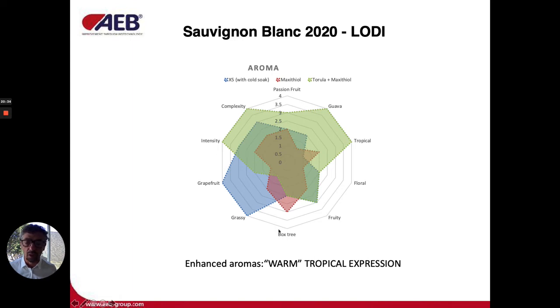I thought it was also very evident that for MMP, the box tree in the panel, it resulted maybe more of the other thiols, the 3MH and the 3MHA, but definitely more grapefruit, citrusy. The Maxi Thiols wasn't that complex, it was kind of closed, but with the Torulaspora, it literally exploded in this kind of complexity of the nose.